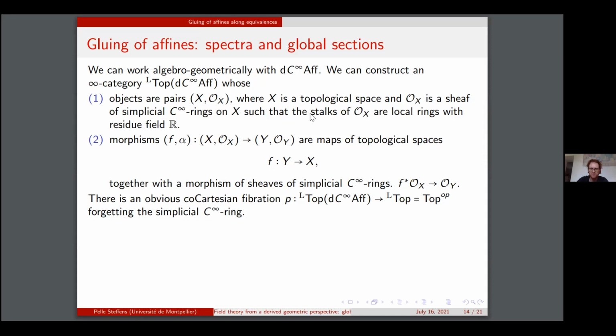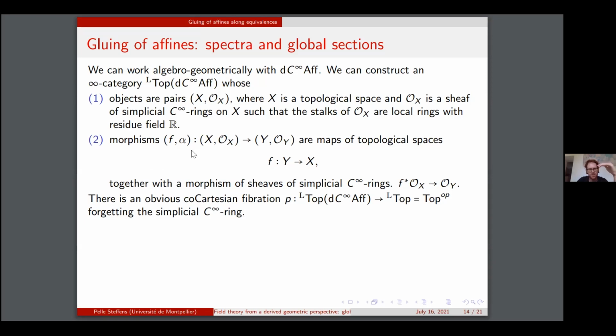And these stalks have to be, as usual, local rings, but because there's this extra C-infinity structure, you have to demand that your residue field is always the reals. And that actually implies that all the maps will automatically be local.